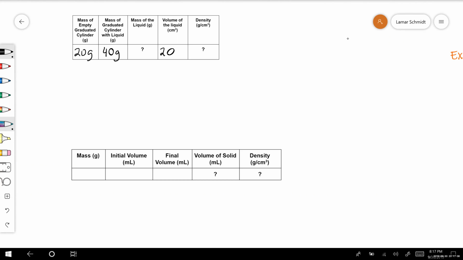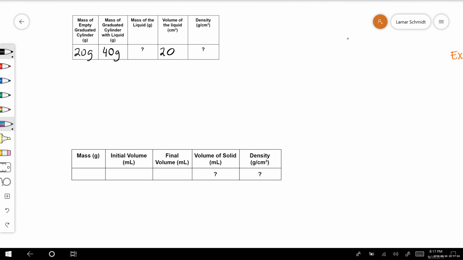So what we have to do is figure out what is the mass of the liquid and then what is the density. These values I just made up will be given to you in a data table. In the lab, you actually had to mass the graduated cylinder, mass the graduated cylinder with liquid, and then find the mass of the liquid, knowing those two things. Those values will be given to you, even though in the lab you would figure those out yourself. And then the volume, you would know the volume that you placed in the graduated cylinder.